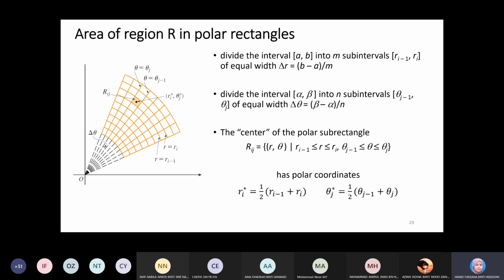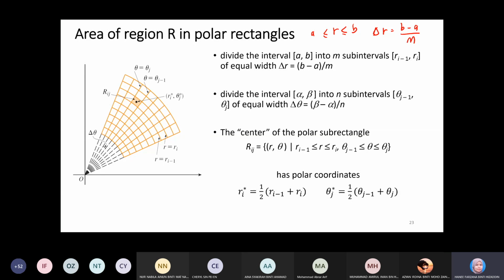Then if you divide the interval A to B into M subintervals, basically we are doing exactly what we did with the rectangular region R previously. We divide into equal widths of delta R, so delta R equals B minus A over M, and it becomes more accurate as M becomes bigger.